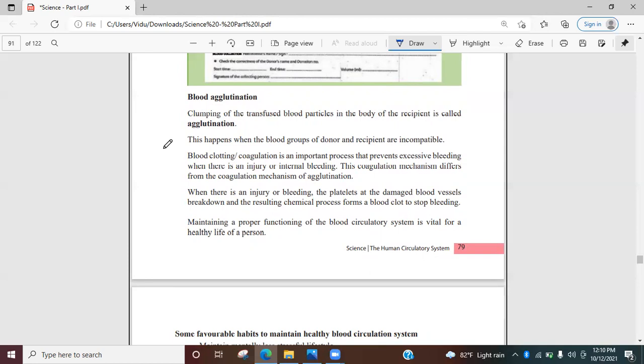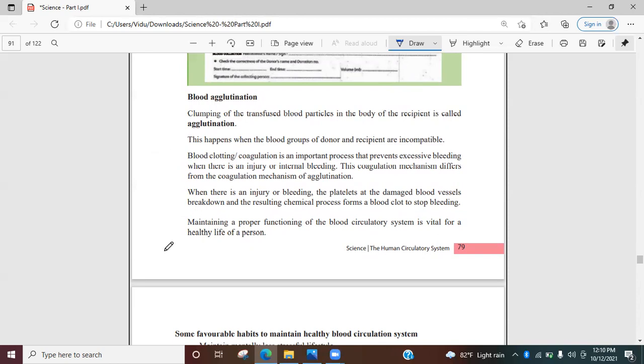When there is an injury or bleeding, the platelets at the damaged blood vessels break down, and the resulting chemical process forms the blood clot and stops bleeding. I think you have observed this process when there is an injury or bleeding.